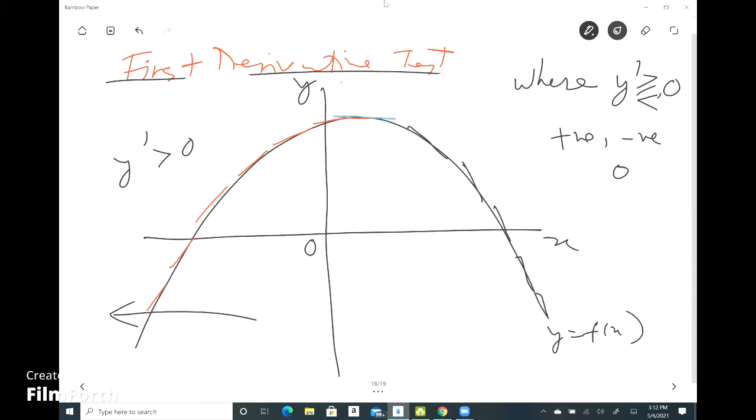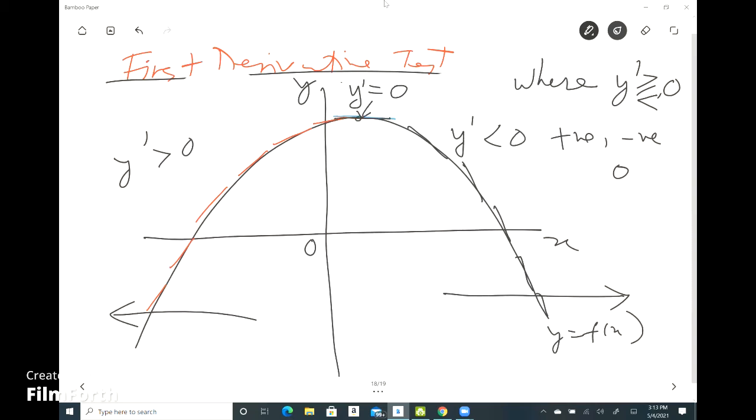Okay, on the other side, negative. You see here y prime is negative. Now between the interval where the y prime is positive and the interval where y prime is negative, there is one point, this is the normal situation, where you have y prime equal to 0. Here, y prime equal to 0.